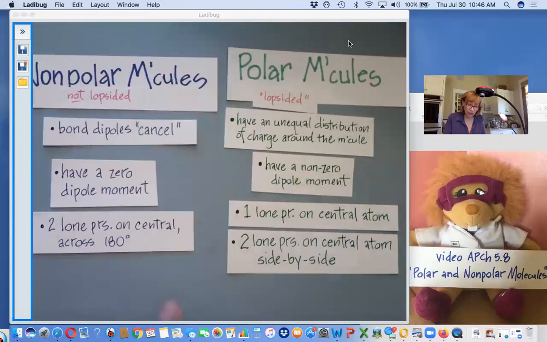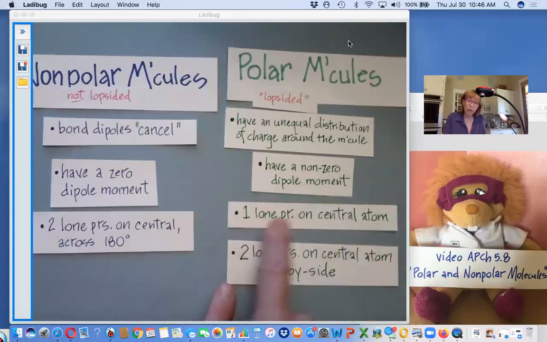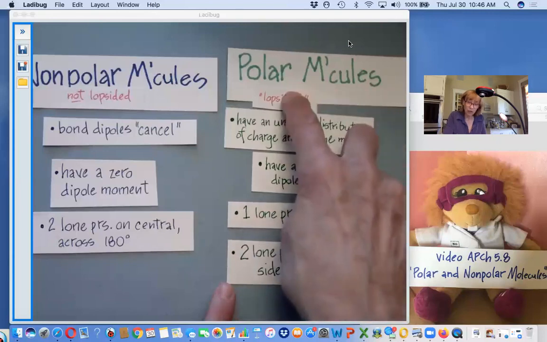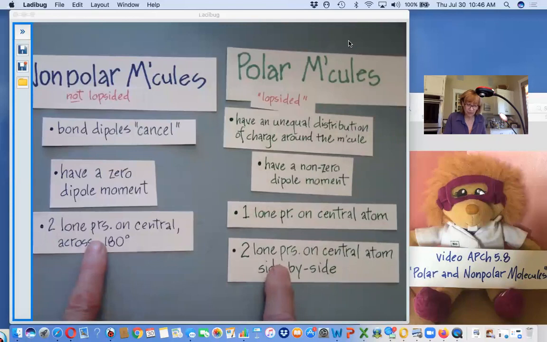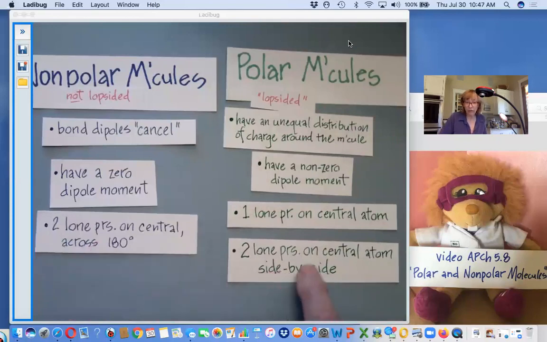Also remember to look at lone pairs. If there's only one lone pair on the central, it has to be a polar molecule. If there's 2 lone pairs on the central, it's all about, are they side by side or are they diametrically across from each other?